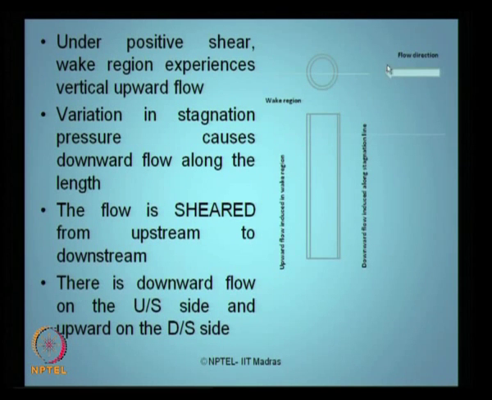On the upstream side the flow is downward, whereas on the downstream side the flow is upward. So the presence of the member alters the flow field in the wake region like this. As I just said, behind the member is what we call the wake region.